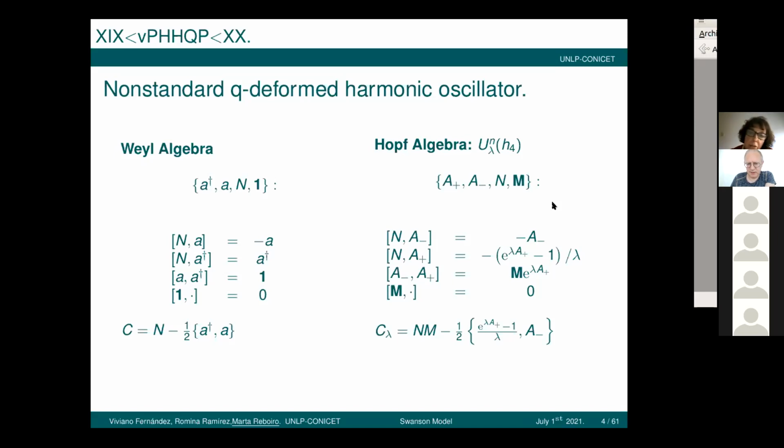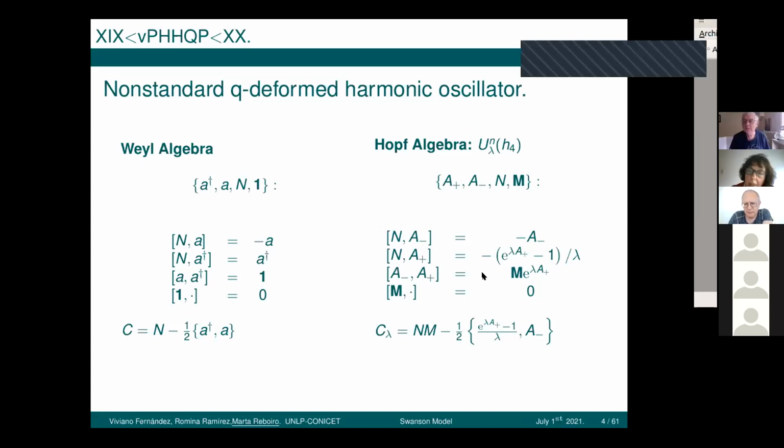It's a Hopf algebra because you can construct the co-product structure. Really, this is not a usual oscillator. This is a Hopf algebra in the real sense. You can construct the structure of co-product and the antipode, everything.